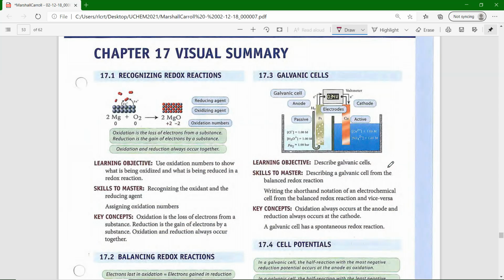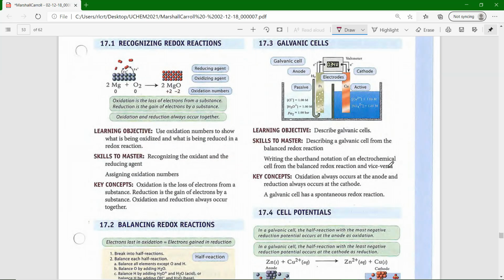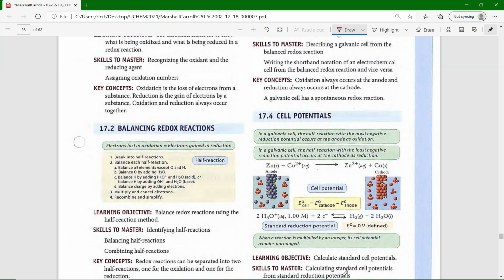Oh, then we have our visual summary. So we decide how we can recognize whether something is a redox reaction or not. Our definitions, balancing redox reactions, galvanic cells, all about that, cell potentials.